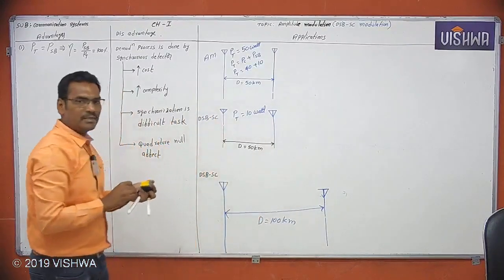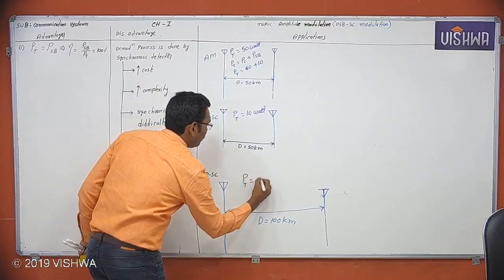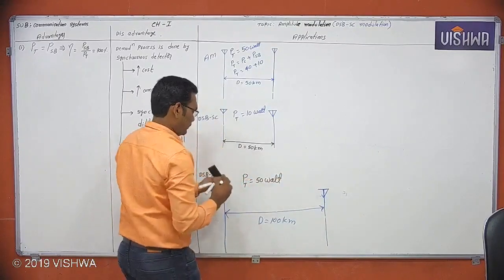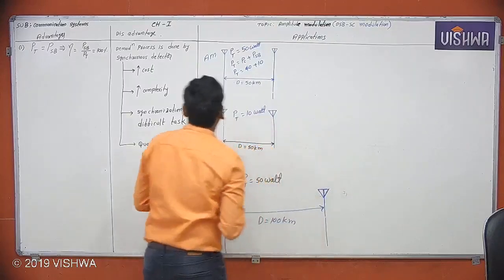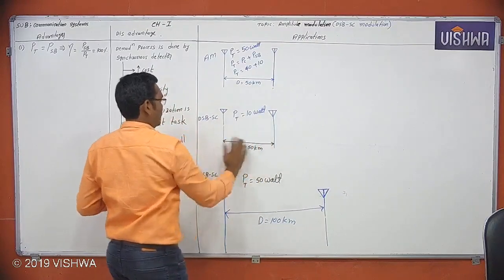Now, in DSBSC, if I use 50 watt power, then it will cover more distance. Okay, you understand or not? This is the transmitter and receiver's position. Okay, transmitter, receiver, transmitter, receiver.